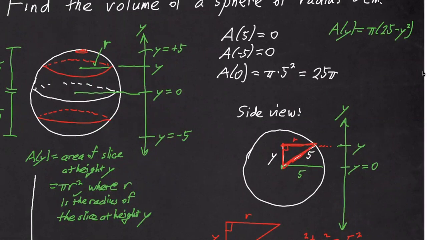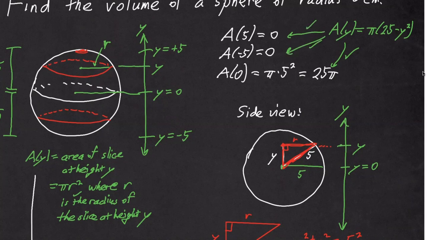That becomes 25 minus 25, so that checks for both of these. And if we plug in 0 for y, we get 25 minus 0 squared, so we get 25 pi. That's also checked, so that formula does work. It's a good idea to check the formulas that you find against the situation and see if it makes sense as a formula.